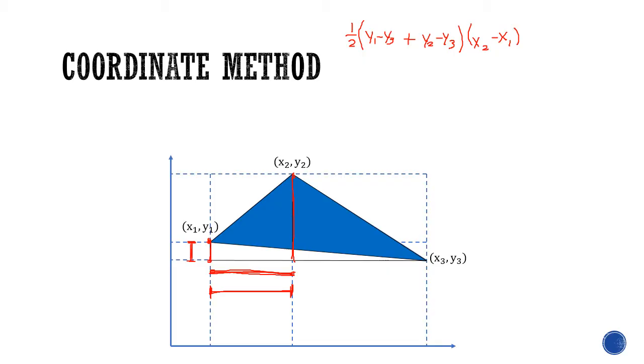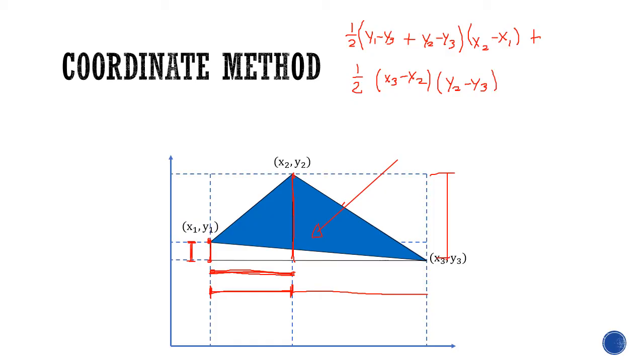So, next, add natin yung area ng malaking triangle dito. Plus 1/2. Yung base ng triangle is this one, x3 minus x2. Yung height of the triangle is this one, y2 minus y3.